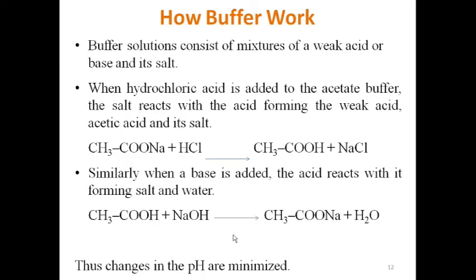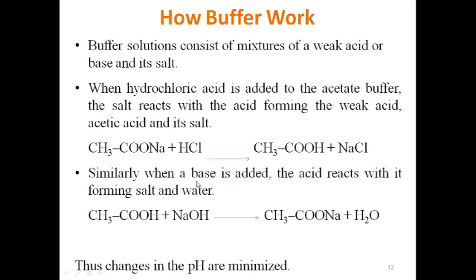How does it work? Generally, a buffer solution consists of a mixture of a weak acid or base and its salts. When HCl is added to an acetate buffer, it forms weak acetic acid and NaCl.